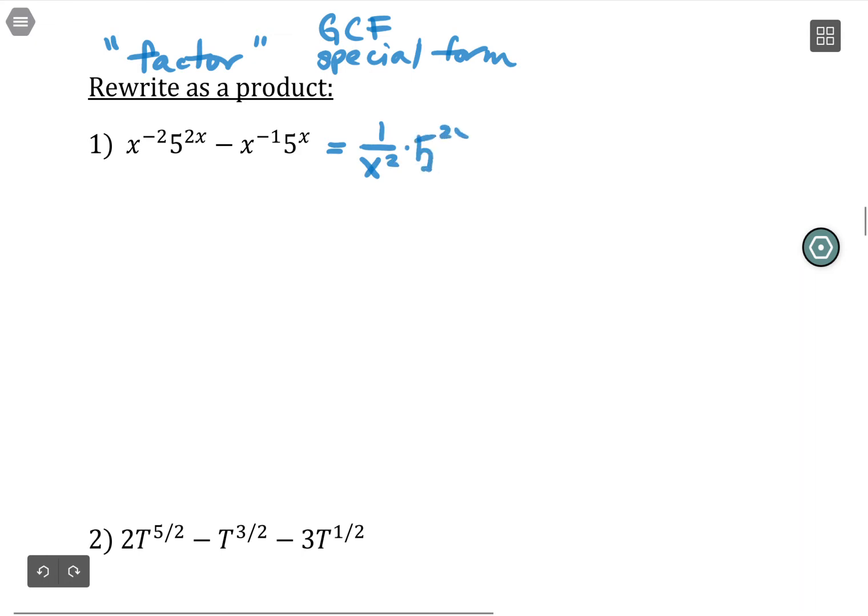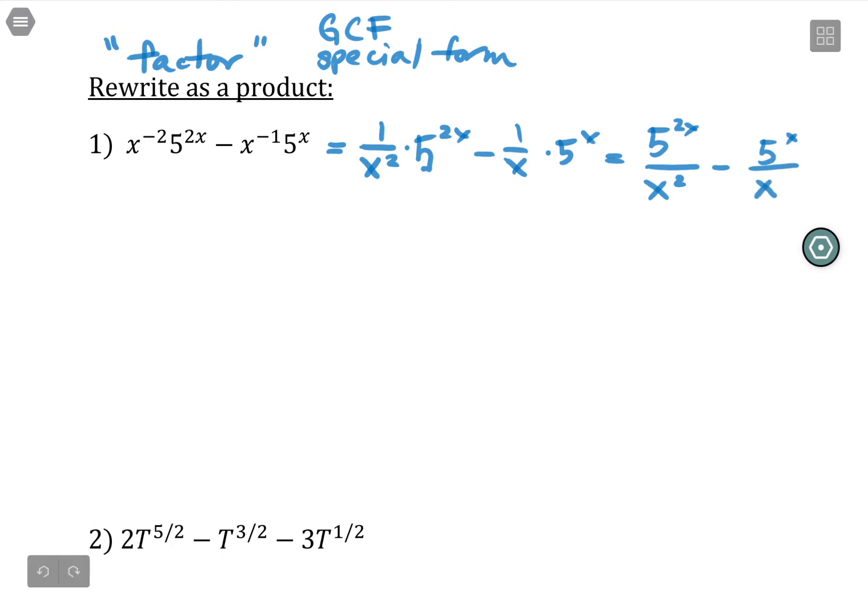5 to the 2x, sorry for my weird 5 to the x. So I'm going to say, okay, I have 5 to the 2x over x squared minus 5 to the x over x. So if I want to rewrite as a product, I'm trying to find something that I can factor out.